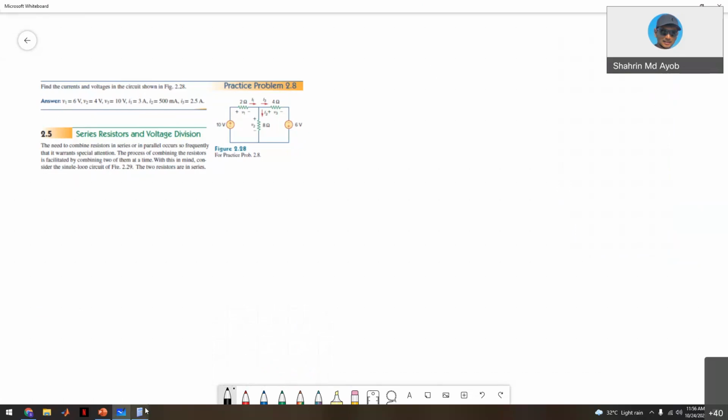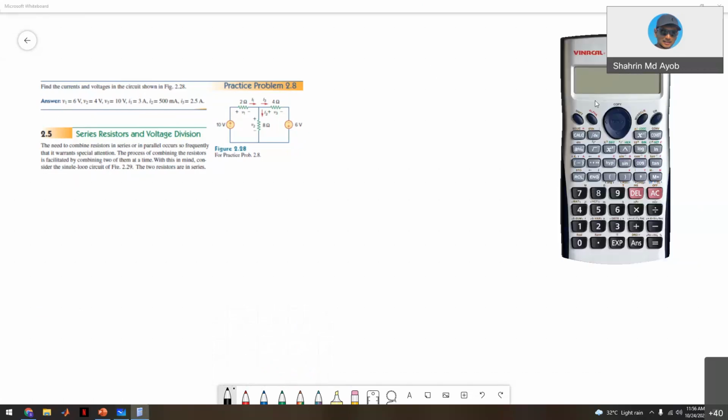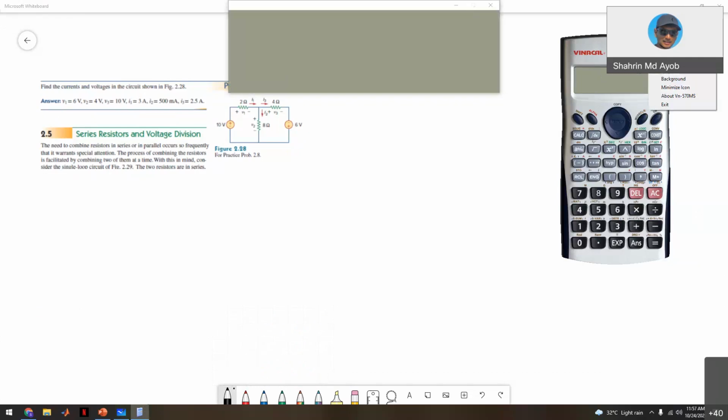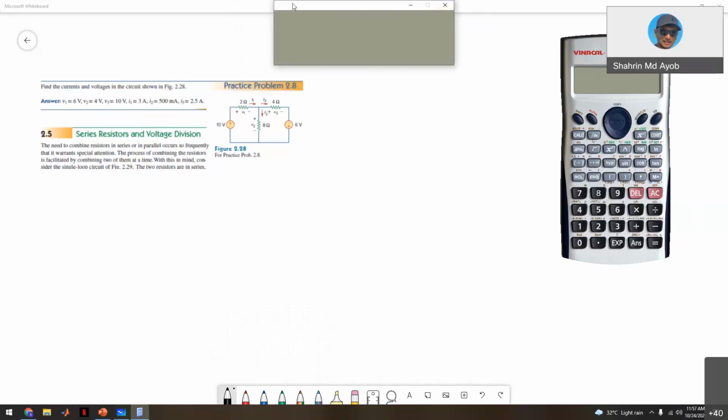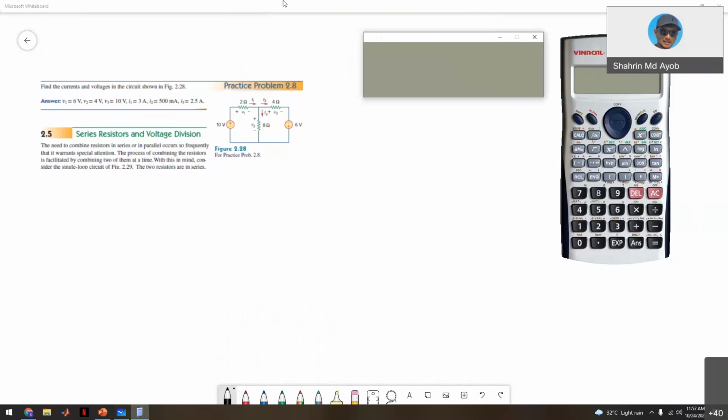If you use a calculator, it's much easier. I hope you have your calculator with you, because we're using it. I hope you can see both the screen, my whiteboard and also my calculator.